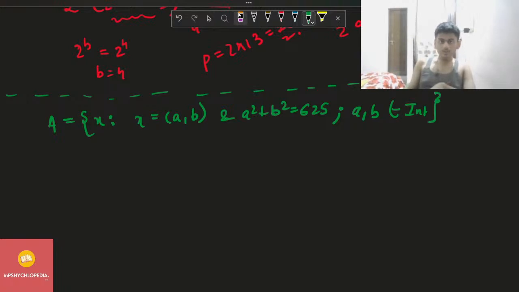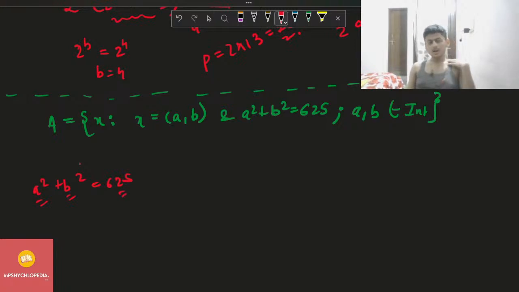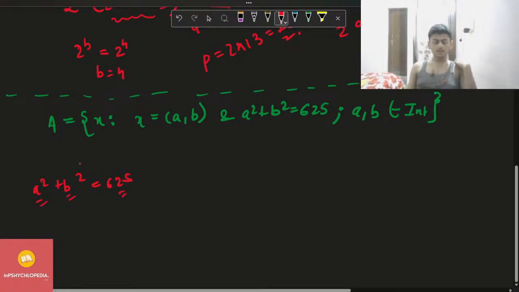So a square plus b square is equal to 625. There will be an infinite number of real solutions for these two. Put any value for a, you will get a value for b. But integer values are very few, so we will have to manually find out how many of them there are.